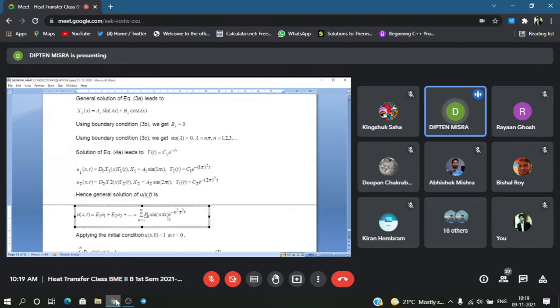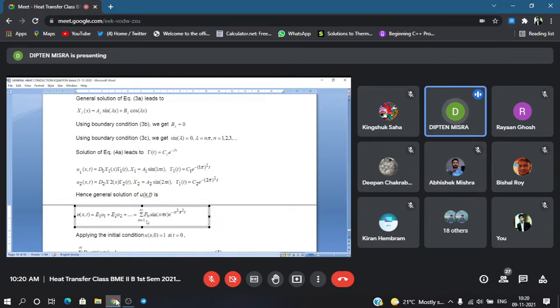In this way, we have a solution for u that can be a summation of all these individual solutions. These individual solutions for u are also solutions, and if you combine them, they are also solutions. So the most general solution can be a combination of all of them. Now the question is how to find out this f.